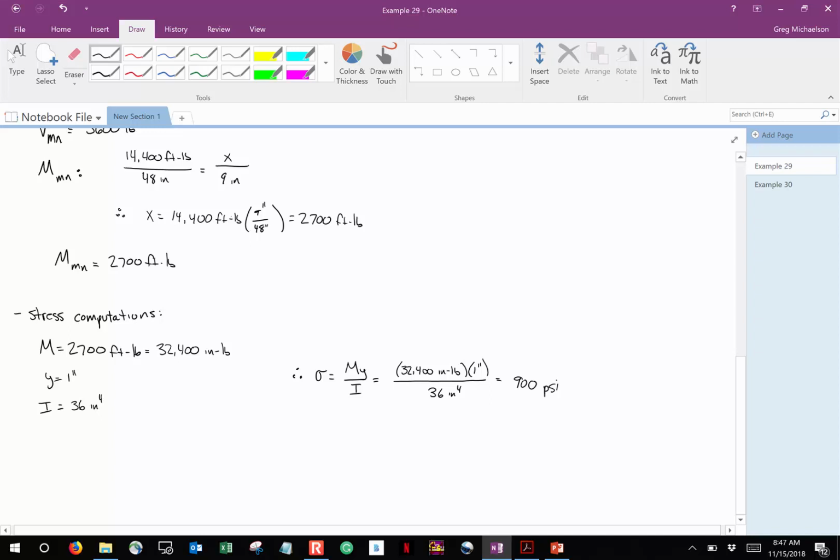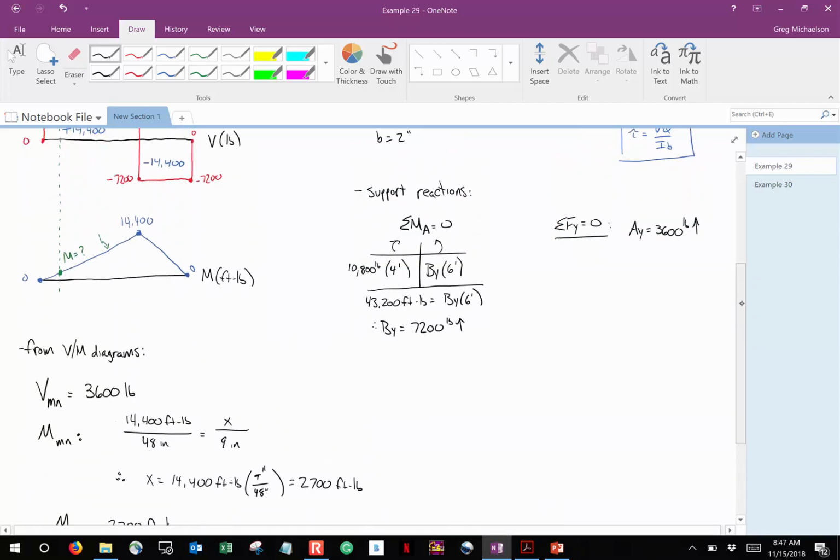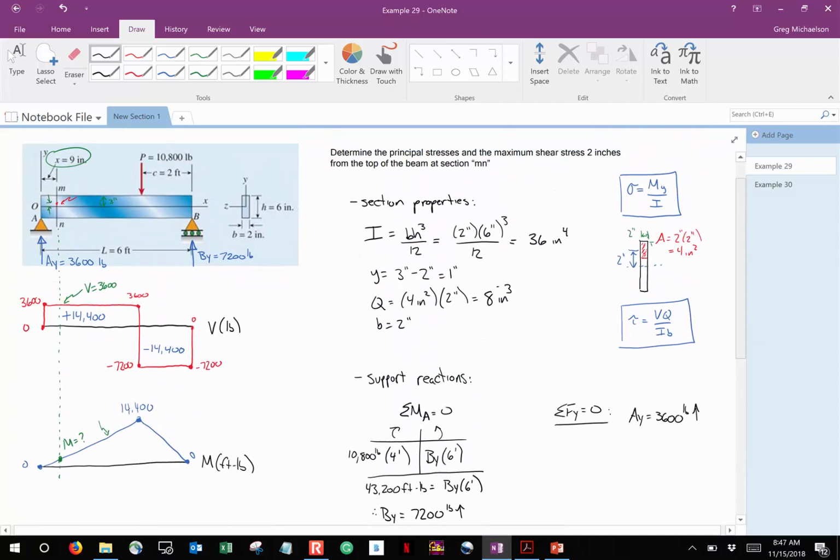Okay. However, one thing we do want to indicate here is whether or not that is to be taken as compression or whether or not that's to be taken as tension. So if you go up here and you look at the beam, remember the point that we're looking at is a point above the neutral axis. Remember right here, that's the point in question.